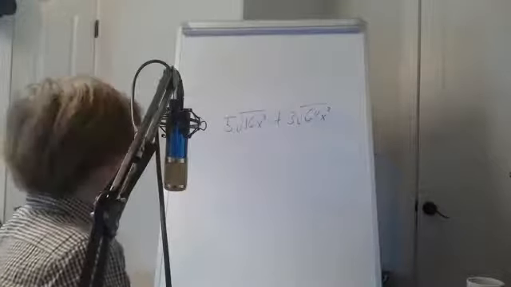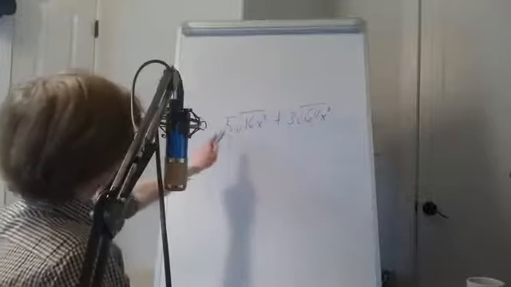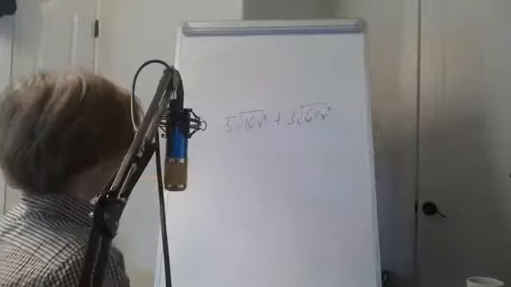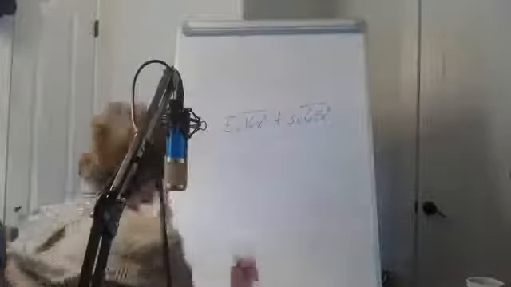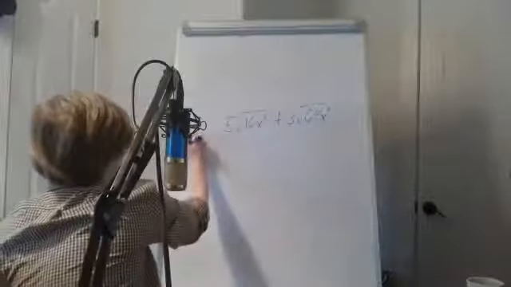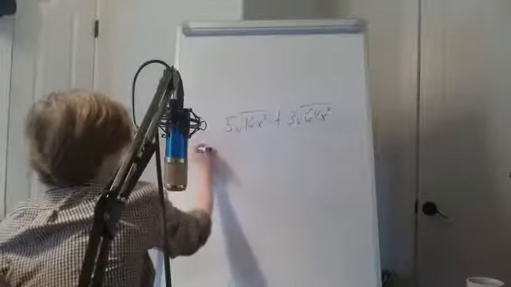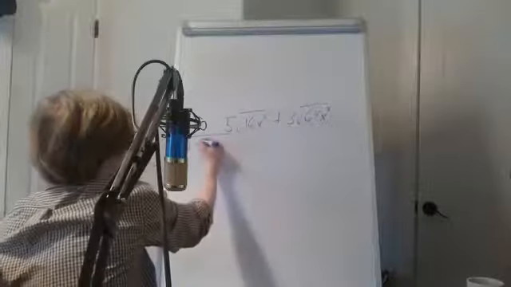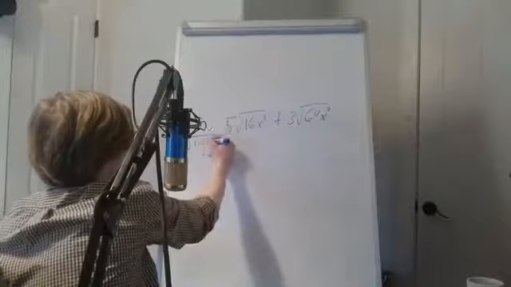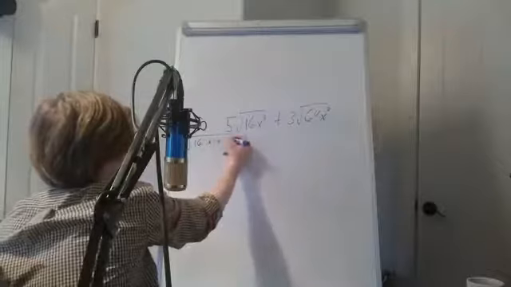Alright, let's see if we can figure it out. 5 times the square root of 16x cubed. First thing we need to do is break that down into factors. So, 5 times the square root of 16 times x times x times x.